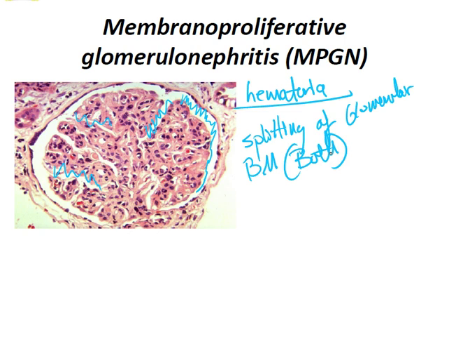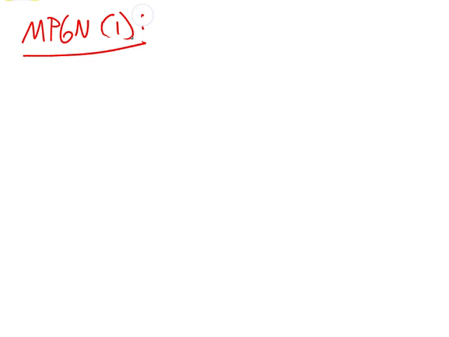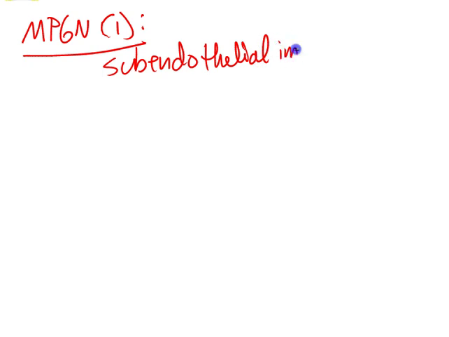So, MPGN type 1, what do we see? We see subendothelial immune complex deposition. So you know it's going to light up on microscopy, right?